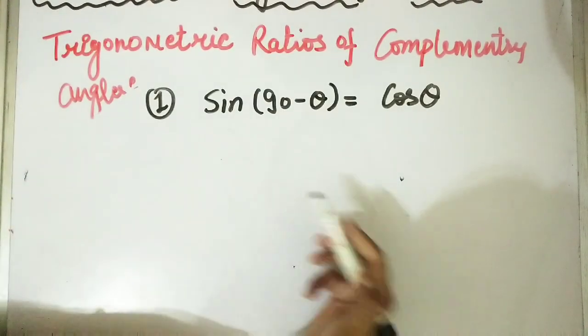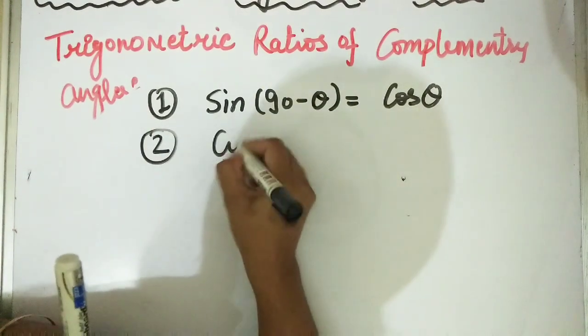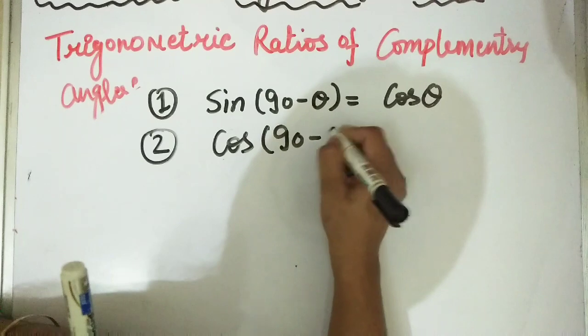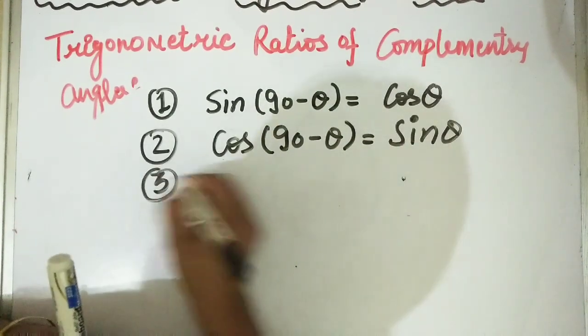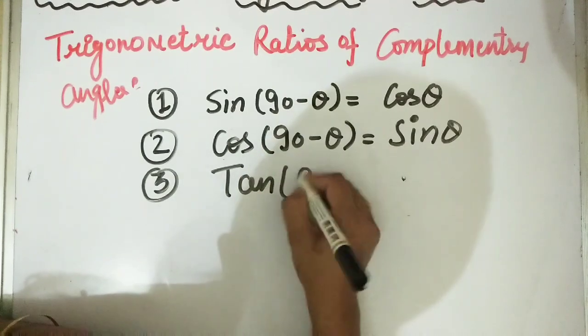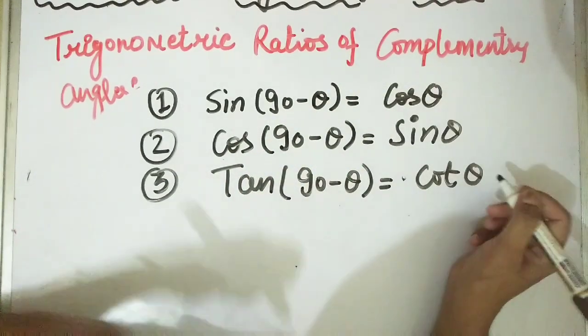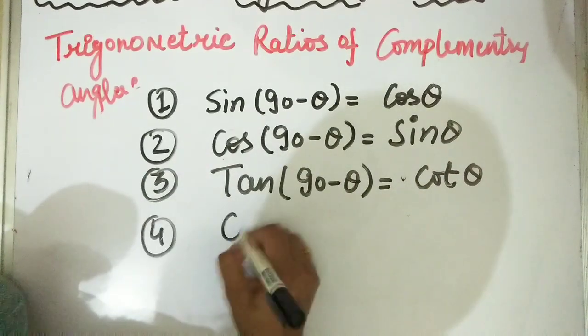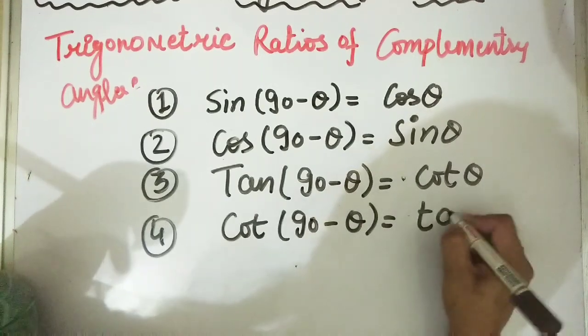So my dear students, sin 90 minus theta is cos theta. Second result, cos 90 minus theta is sin theta. Third result, tan 90 minus theta equals cot theta. Fourth result, cot 90 minus theta equals tan theta.